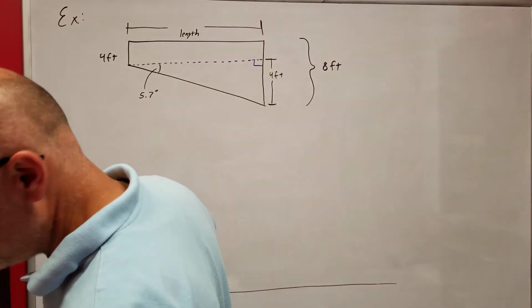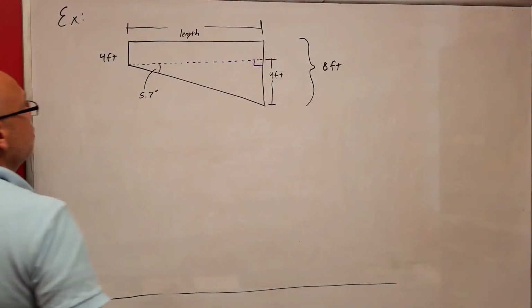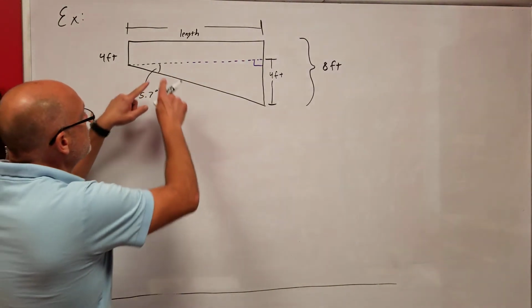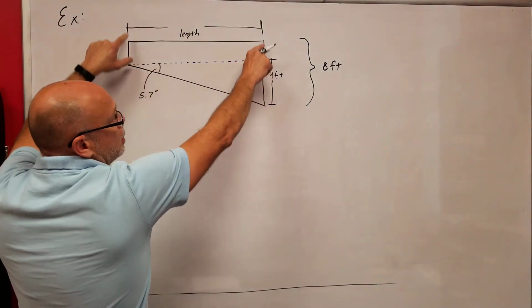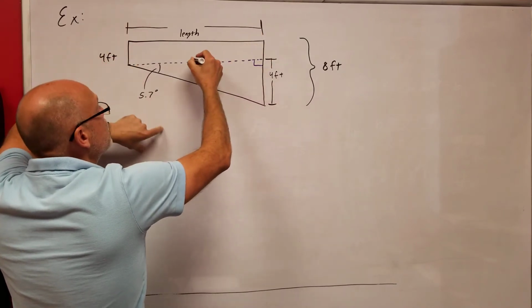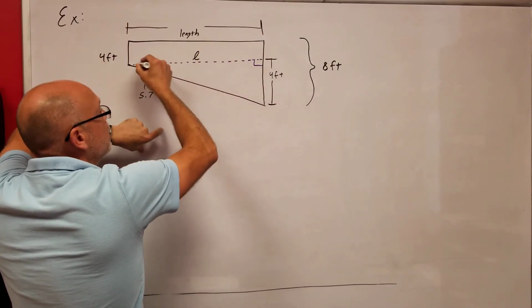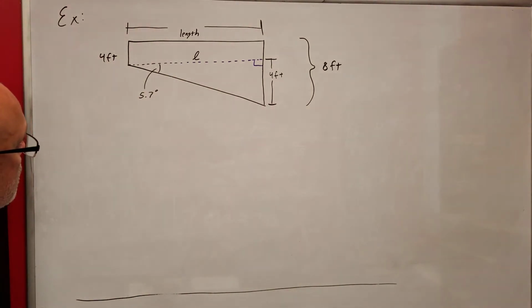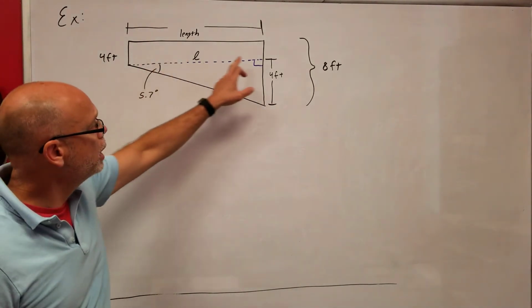All right, so what are they wanting here? They're wanting this length right here, right? Isn't it the same as this line right here? It's just moved up. So I can call this maybe L for length. There's some unknown. It doesn't really matter what you use. So let's find that length using this right triangle right here.